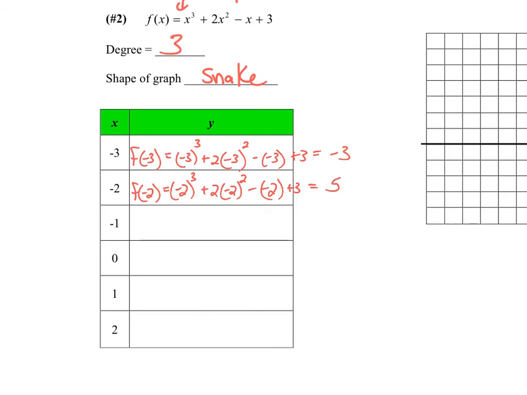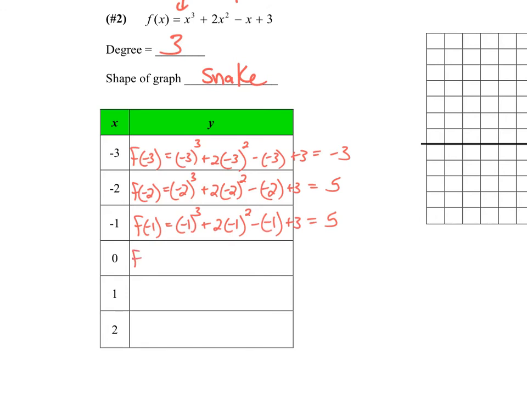Then we try plugging in -1. So f of -1 equals (-1) to the third plus 2 times (-1) squared minus (-1) plus 3, and we would get 5.